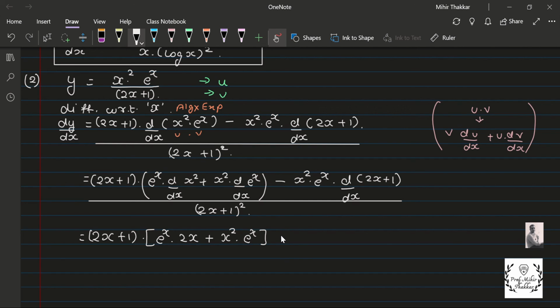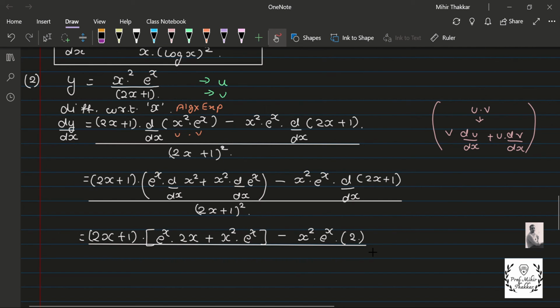Once again, minus x square e raised to x is outside the derivative, so leave it. Derivative of 2x, 2 is the coefficient, so 2 won't change anyway. Derivative of x is 1, so I get 2 into 1, which is 2. And derivative of 1, which is a constant, is 0. So I will be just getting the value as 2 over here, divided by 2x plus 1 the whole square.